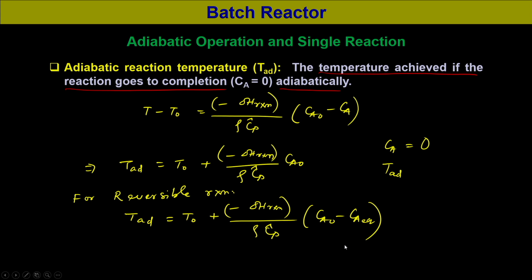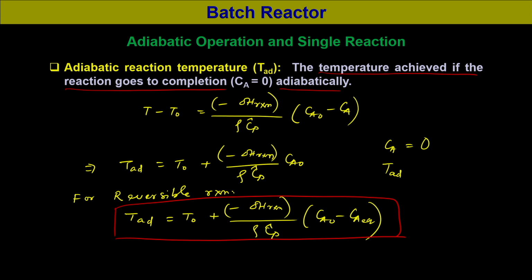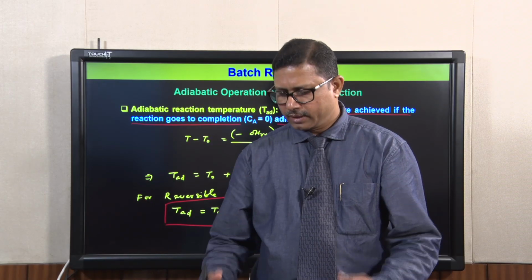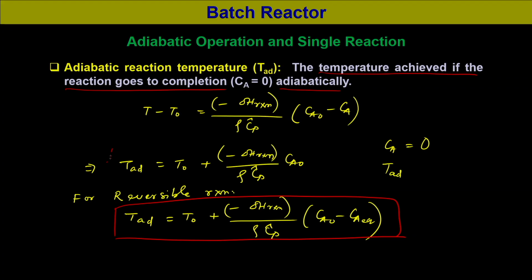So, for a reversible reaction, the adiabatic reaction temperature would be the temperature at which the reactant attains the equilibrium concentration. This is trickier to calculate for the reversible reaction, because the equilibrium concentration will change with the temperature.